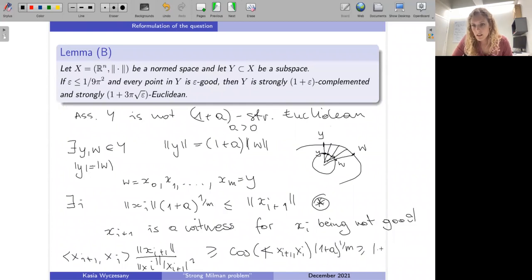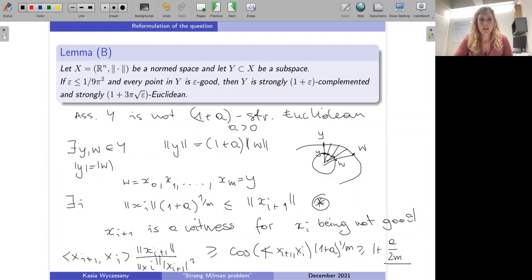And this, with a little bit of calculation, you can show that this is at least 1 plus a over 2m. And if we choose a appropriately and m appropriately, of course, then we showed that xi is not a over 2m good, which in turn gives us this lemma. Are there any questions here?